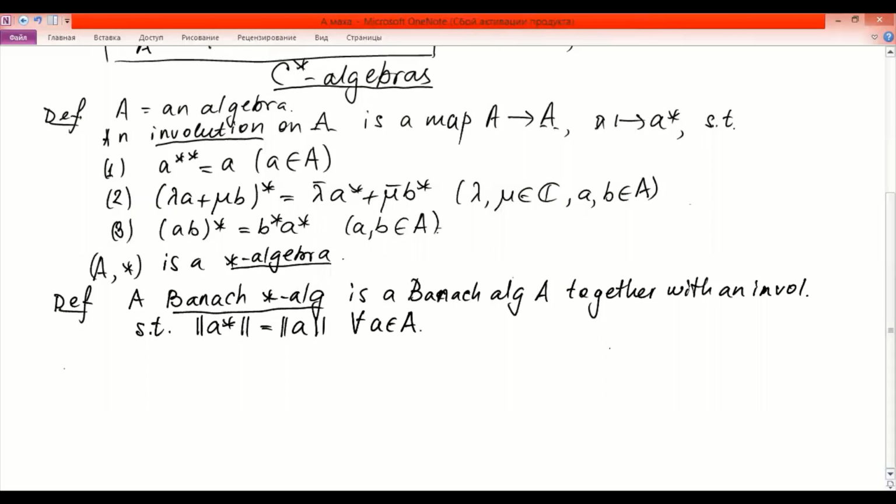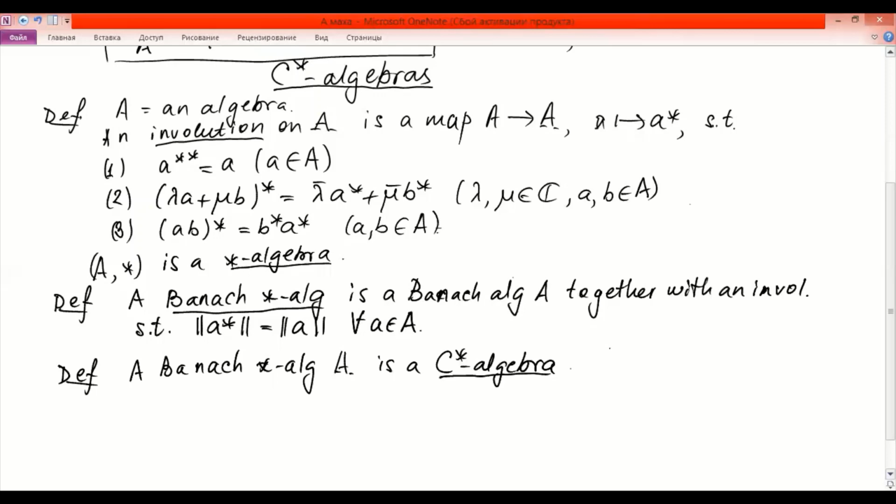And finally, here's our main definition. Given a Banach star algebra A, we say that A is a C-star algebra if the following identity holds: the norm of a star a equals the norm of a squared.